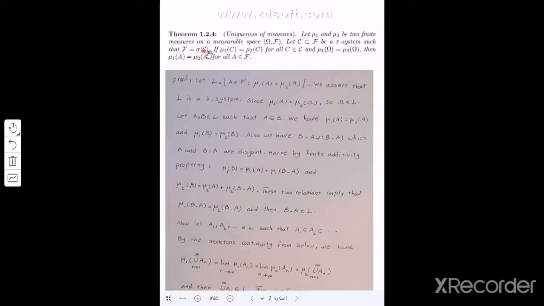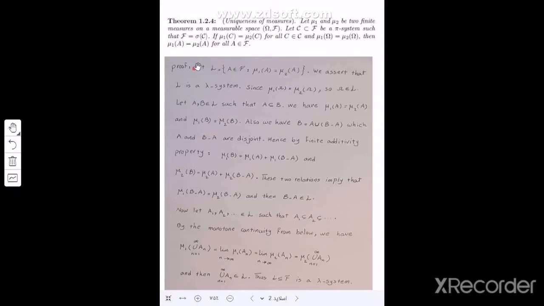It is clear that C is a subset of F. Mu1 and mu2 are equal to each other on C and on omega. We must prove that mu1 and mu2 are equal on the whole of F. Its proof is interesting. Please see this section.